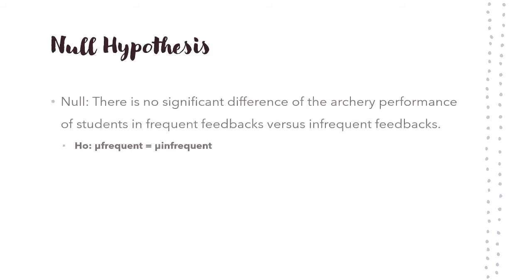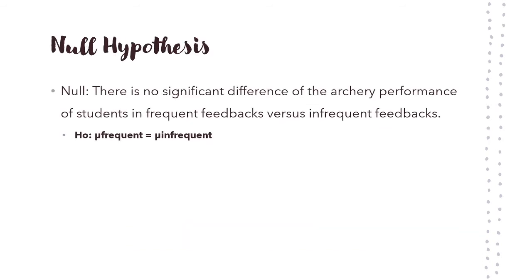The first thing we need to do is to define the hypotheses of the problem. First, the null hypothesis: there is no significant difference in the archery performance of students with frequent feedback versus infrequent feedback.